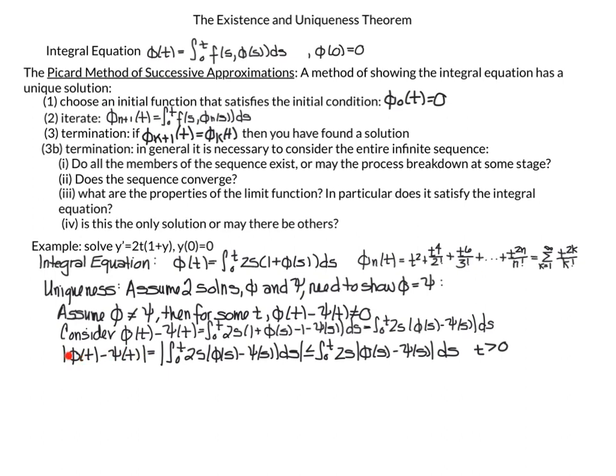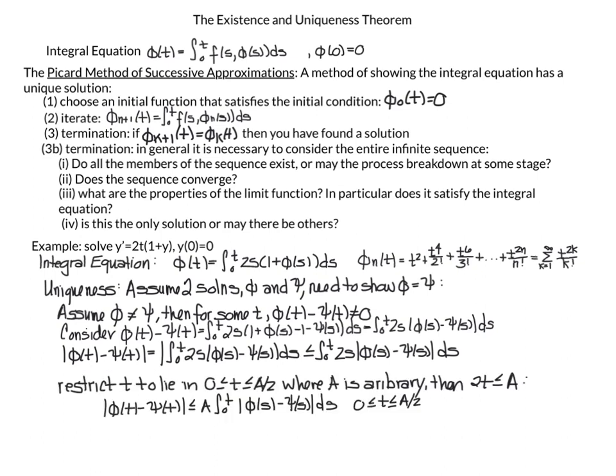So we have the absolute value of the left-hand side equals the absolute value of the right-hand side. But now this absolute value has to be less than or equal to the integral of the absolute value of what's inside. Remember, this only works because of this less than or equal to. It wouldn't be equal to. You can't just exchange the integral and the absolute value, except for the fact of this less than or equal. Oh, and also it has to be that t is greater than 0.